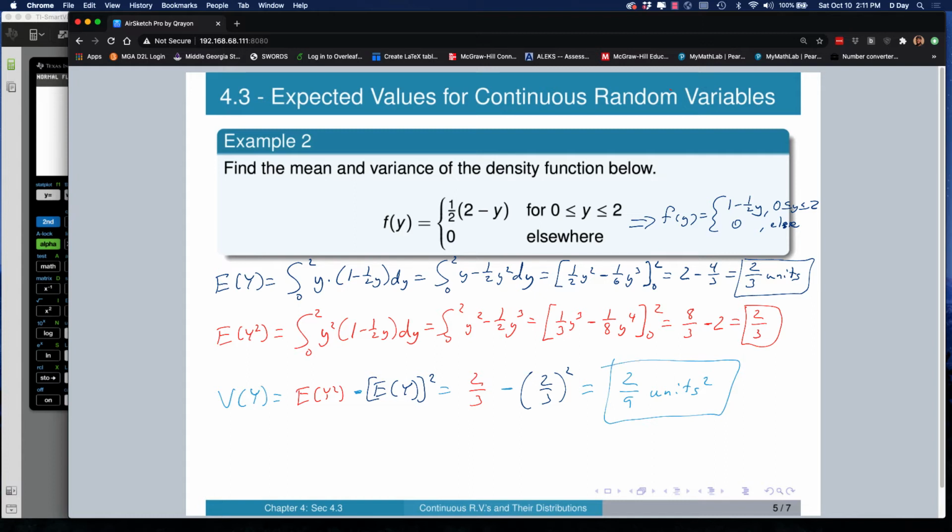I will say this. All PDFs are not exactly the same as the two we've done. I may do a video where there's more than one function like this within your PDF. The only difference between these and those is that you have to also multiply the y into those other functions as well, and integrate over those parts too, because they help add up to find your expected value or your variance.